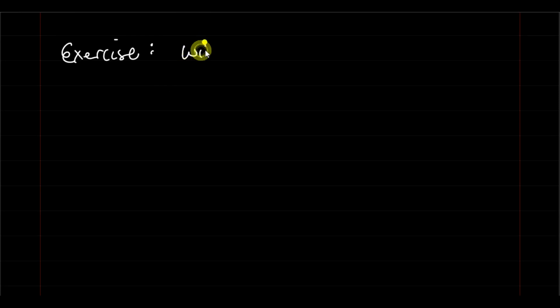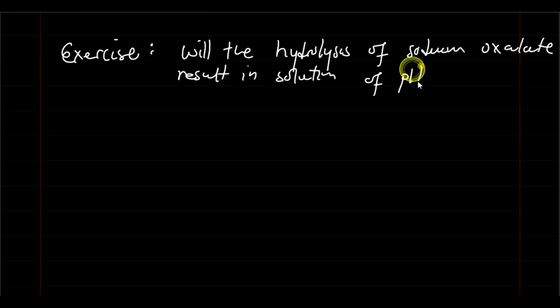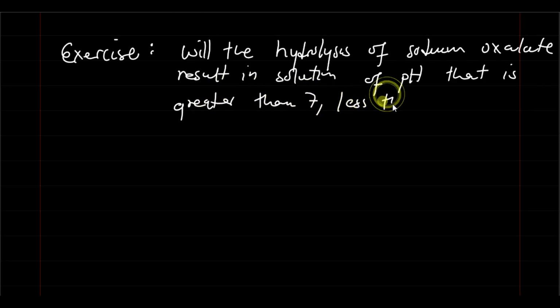It's asking: will the hydrolysis of sodium oxalate result in a solution of pH that is greater than 7, less than 7, or equal to 7?